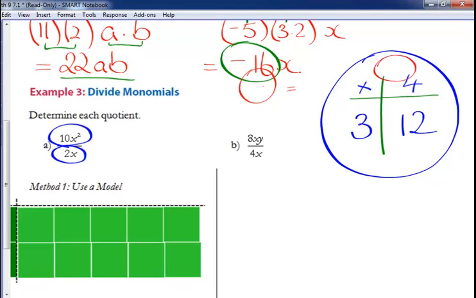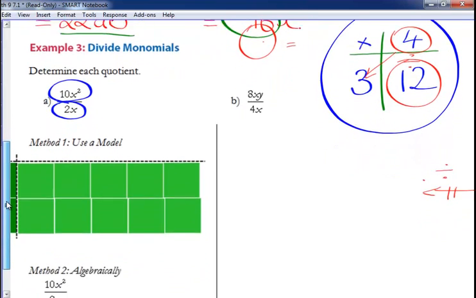If we thought of 12 and read it backwards, 12 divided by 3 is equal to 4, isn't it? Or we could take 12 and divide it by 4, so 12 divided by 4 gives us the 3 there.